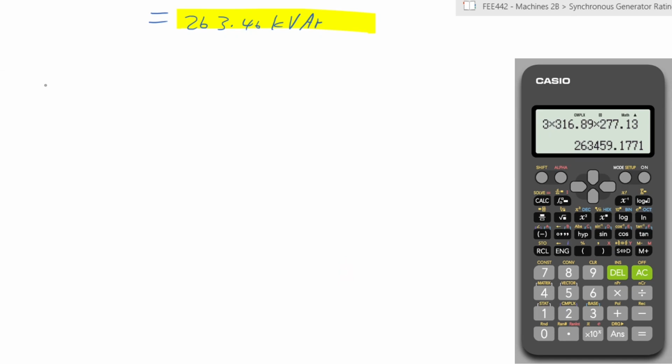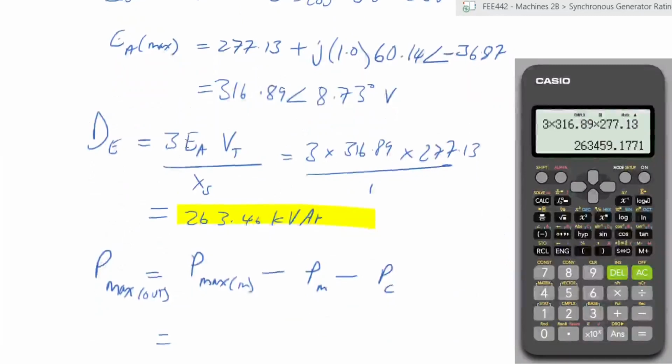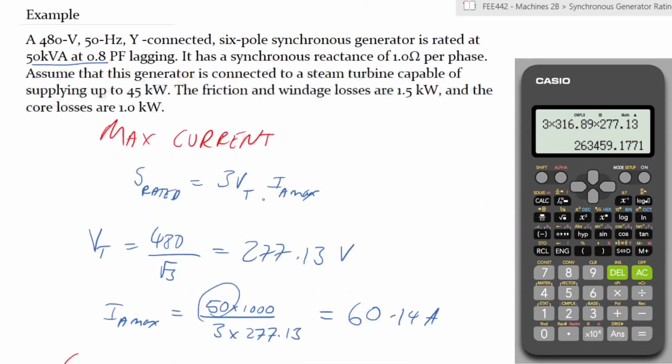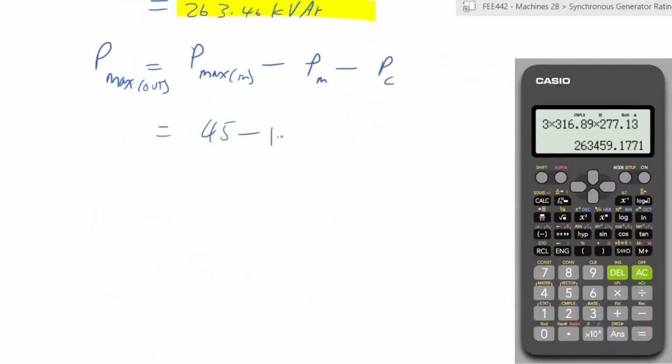So one more thing we need to do is the maximum output, which is given by the maximum input from the generator minus mechanical losses minus core losses, right? So the maximum input from the generator was given by 45 kilowatts. So 45 kilowatts minus mechanical losses, which were 1.5, and the core losses, which were 1.